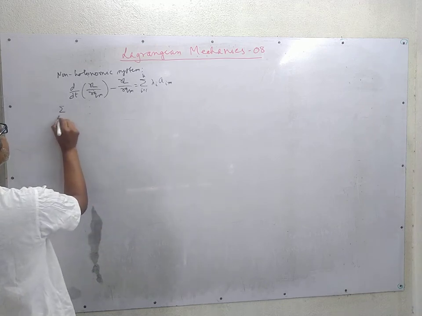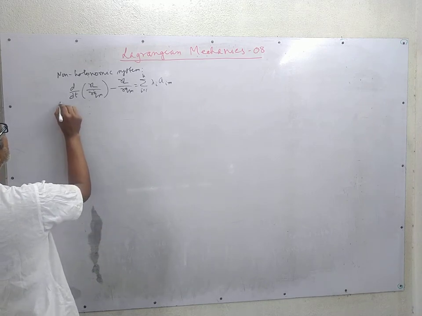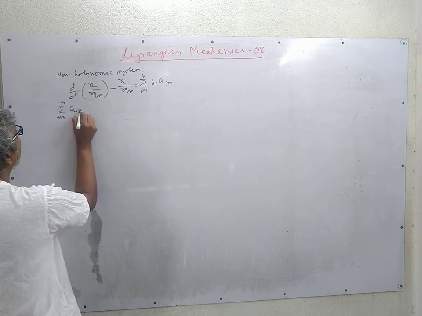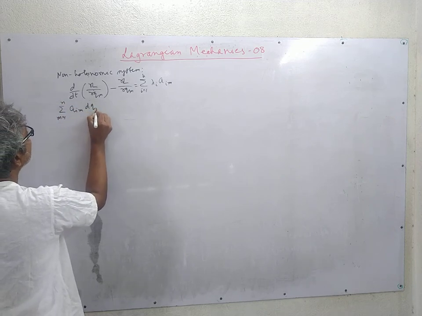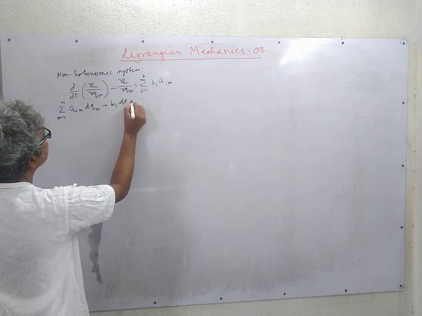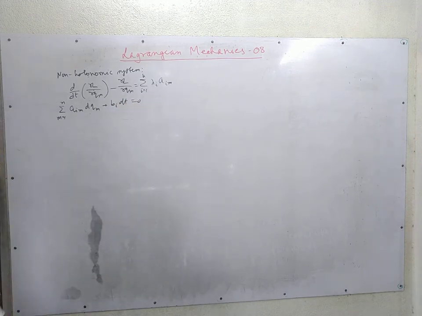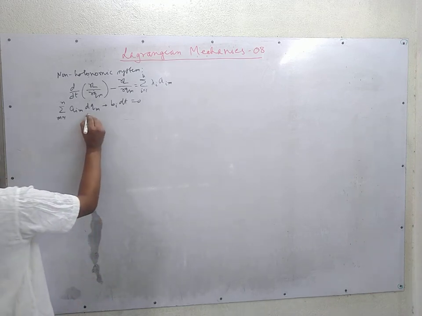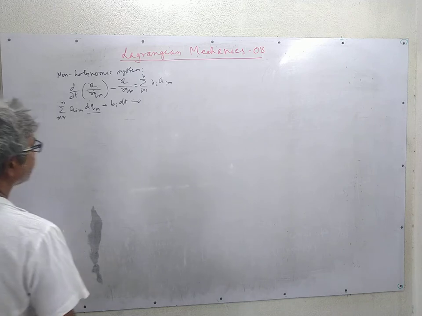The equation of constraint is written as the sum over m from 1 to n of a_im dq_m plus b_i dt equal to 0, where a_im are the coefficients of dq_m in the equation of constraint.